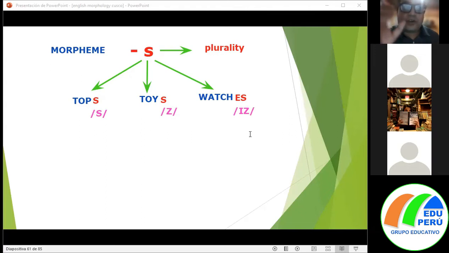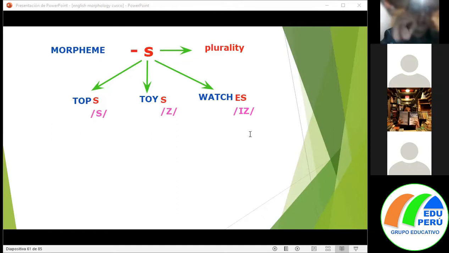So notice, the morpheme is the S, plurality, all right. But when we materialize this morpheme, this abstract idea, and you put it into practice, you apply it, we are going to produce different forms.